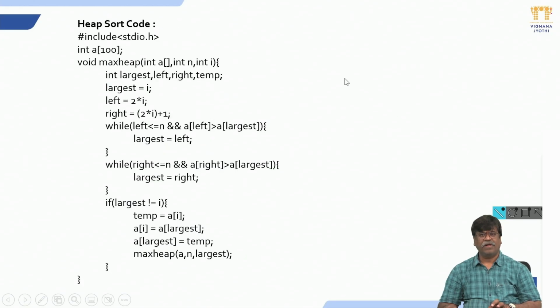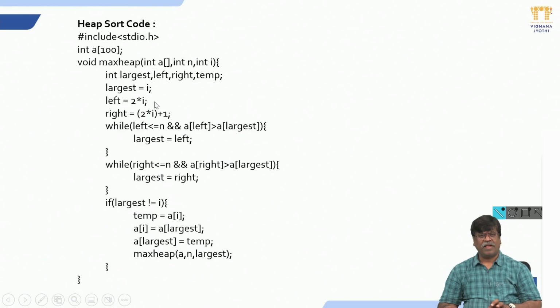So coming to the code, how exactly we can write the code for the heap sort algorithm: take an array A, then you can create the max heap. When you are creating the max heap, here I am maintaining the left child and right child, and I am finding the largest element. So largest is I, where I is nothing but the root place.